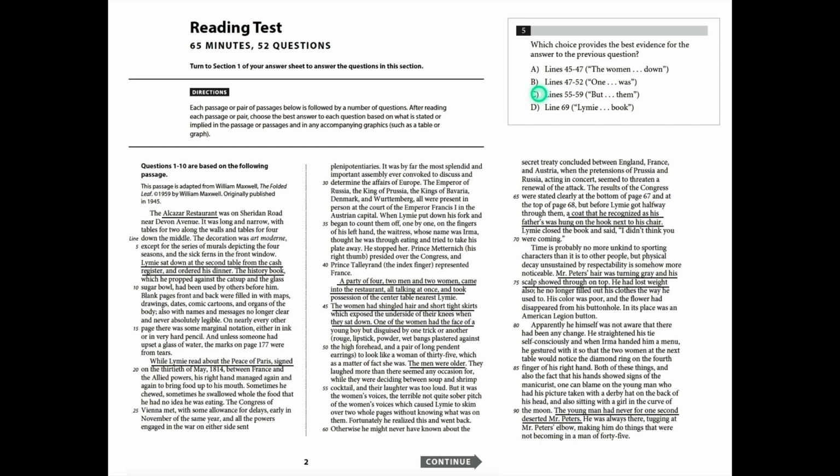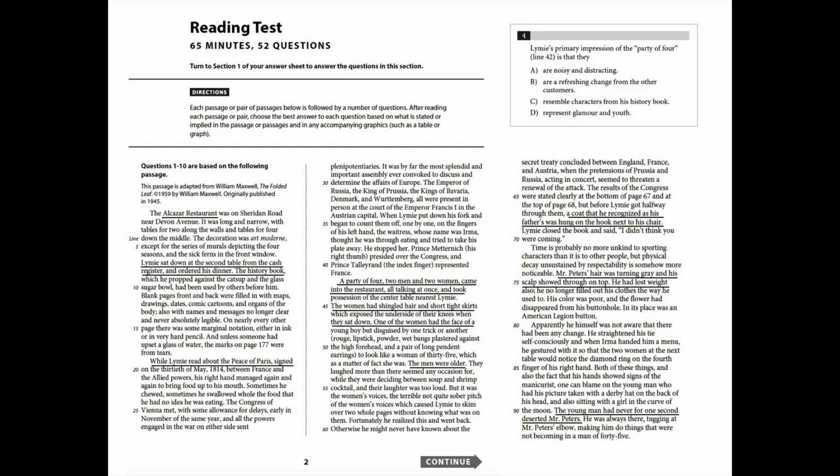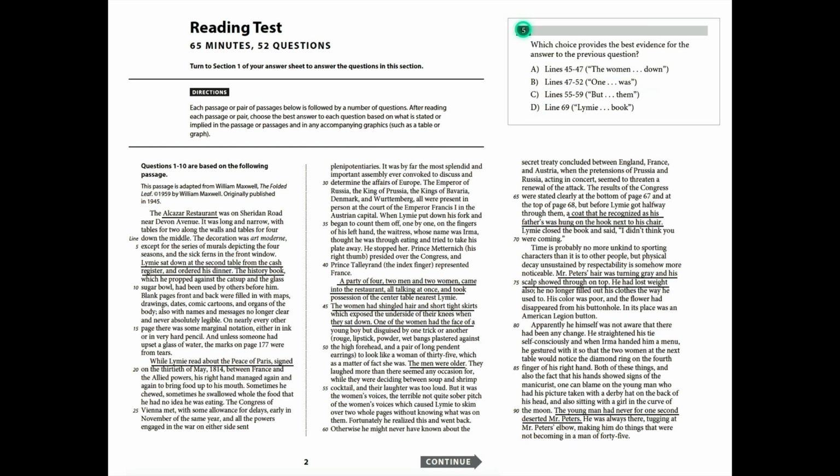And once again, 5 and 4 are known as a command of evidence pair. If you're having problems with finding an answer for question number 4, and then you look at question number 5 and realize that they're a command of evidence pair, then you can look at these particular answers or the lines of text to come up with the information for the correct answer.